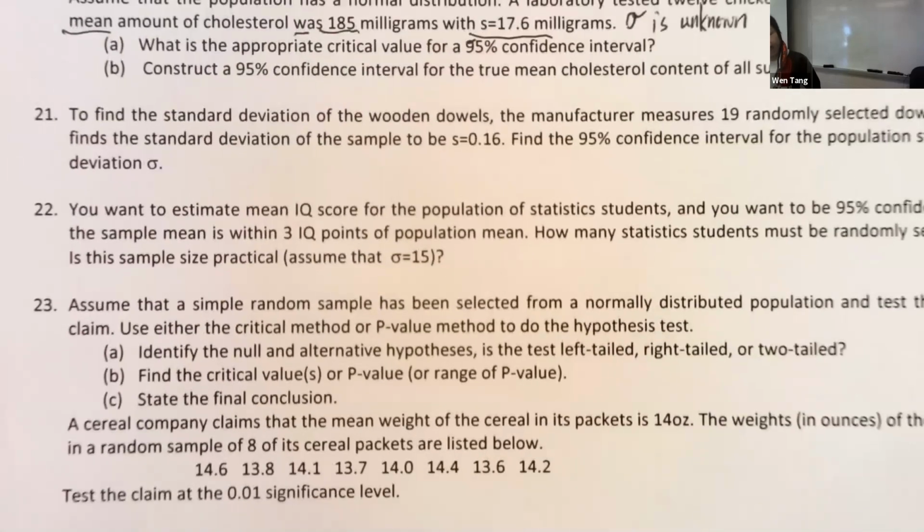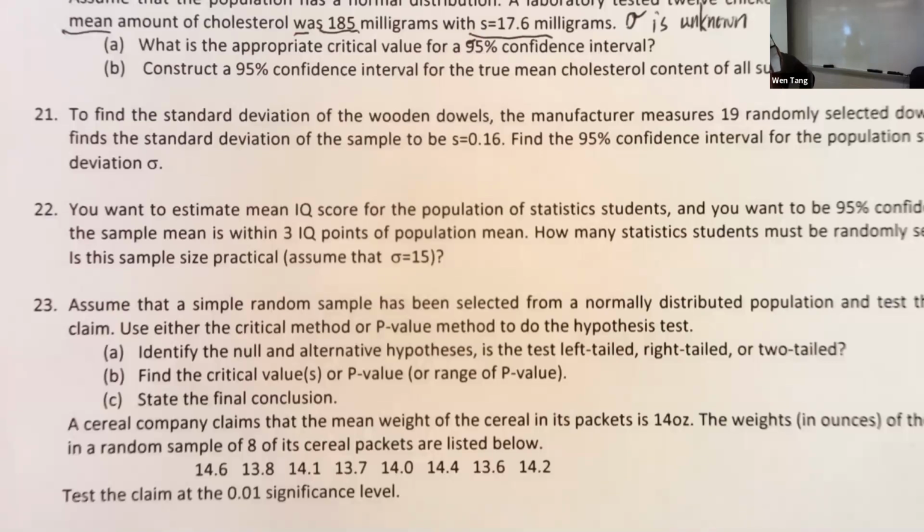Before we start this one, you should memorize that for the confidence interval of the standard deviation or variance, we do not follow the point estimate plus minus the margin of error. This one is a special one, right? We need to check 2 critical values.